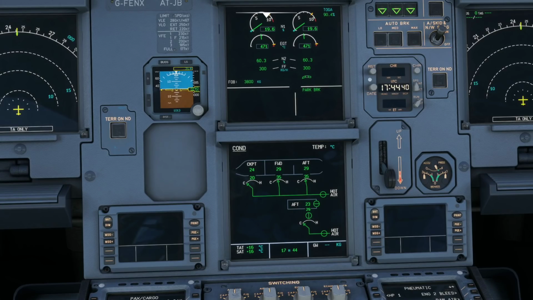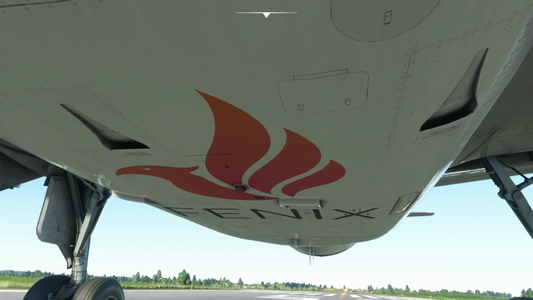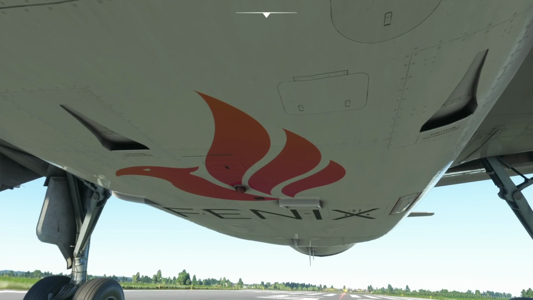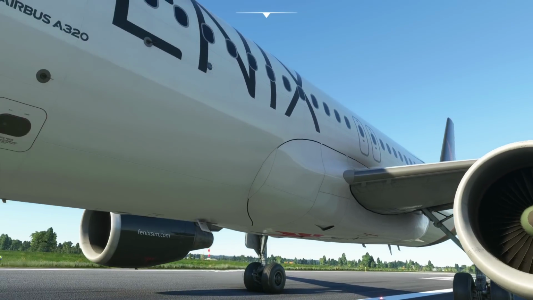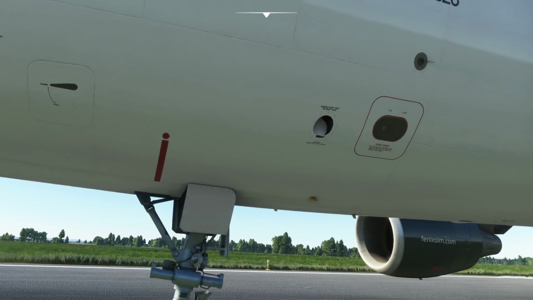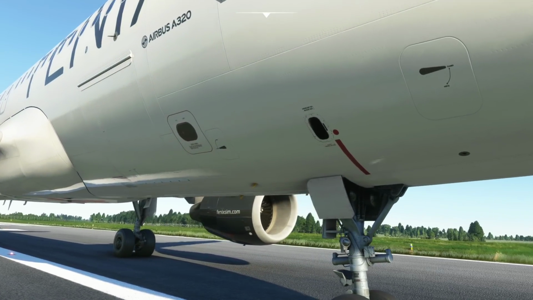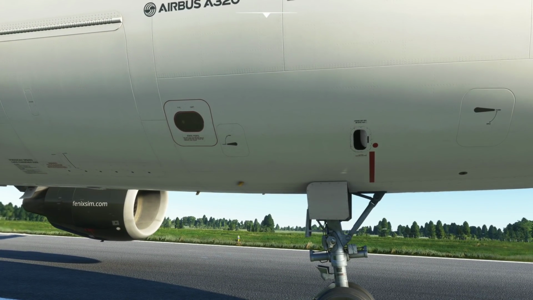So another fun thing that we can talk about really quickly before we wrap up, we will talk very, very quickly about these right here. So these are the Avionics inlet, and then on the other side of the airplane, you've got the Avionics equipment outlet.